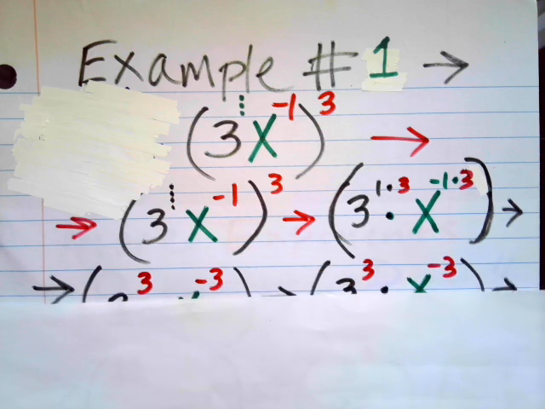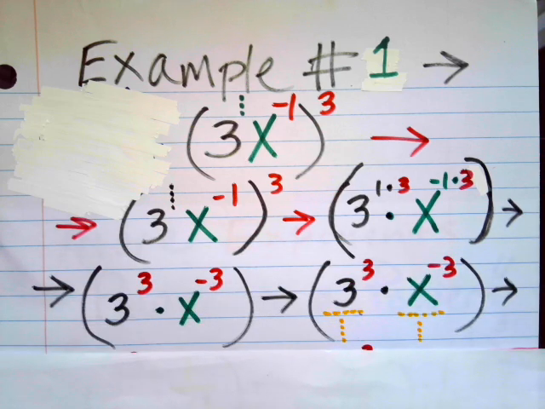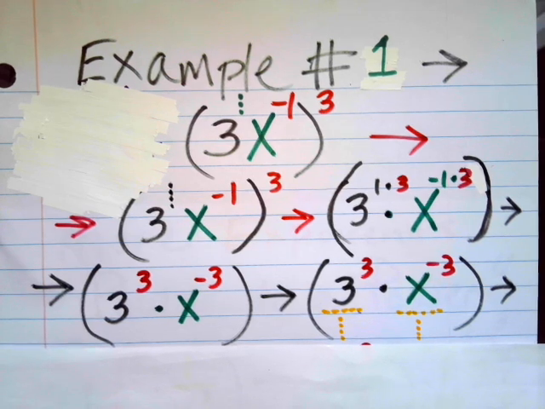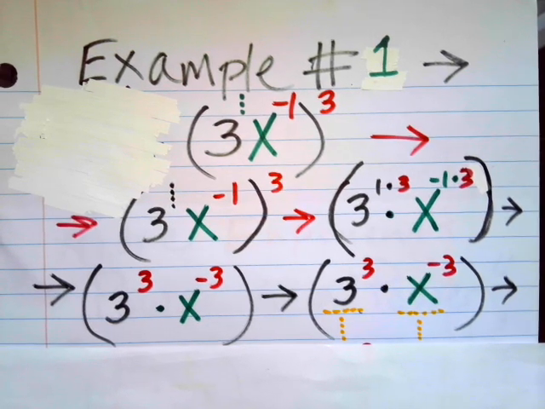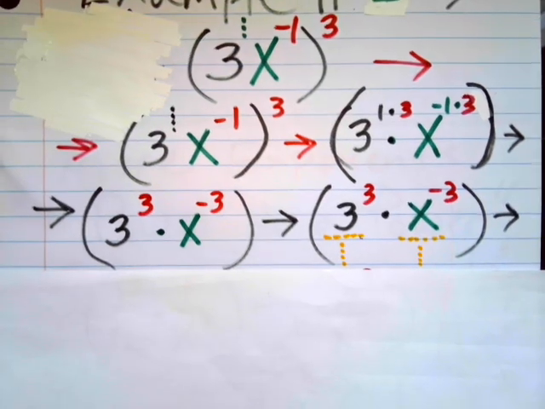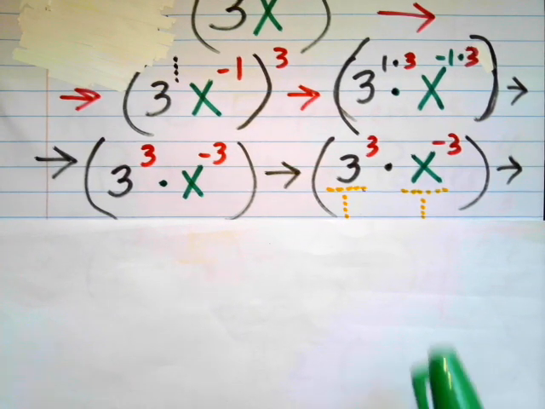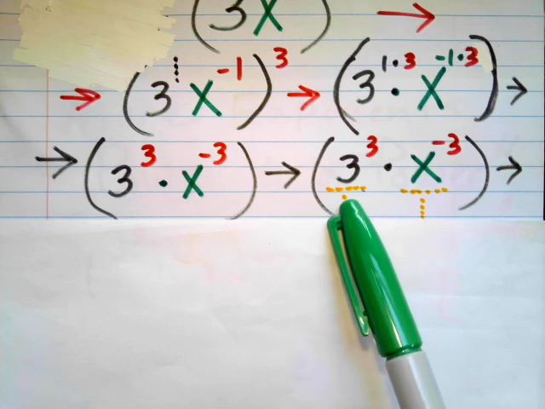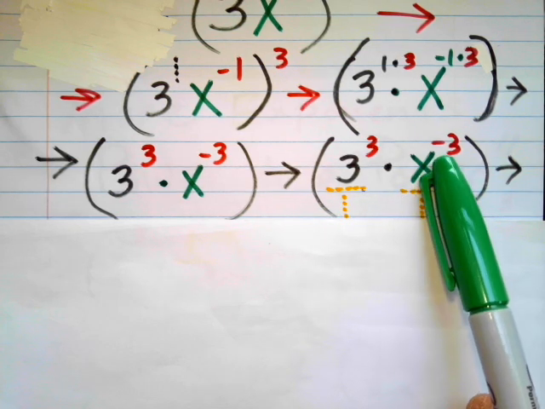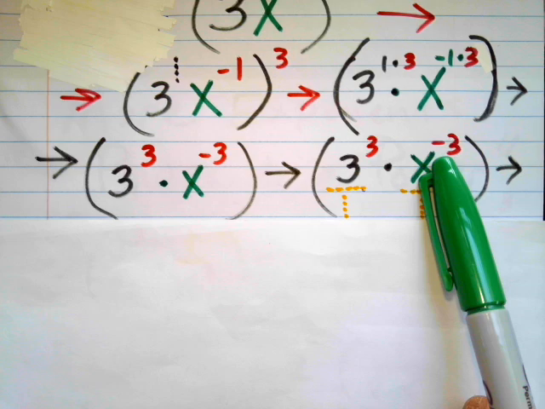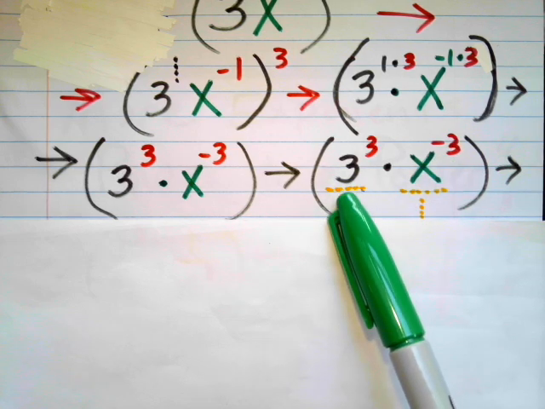And again, hopefully you've seen my videos on the invisible ones. I'd like to show you again how in the denominator's place, underneath the 3 cubed and underneath the x to the negative 3, there is an invisible one.